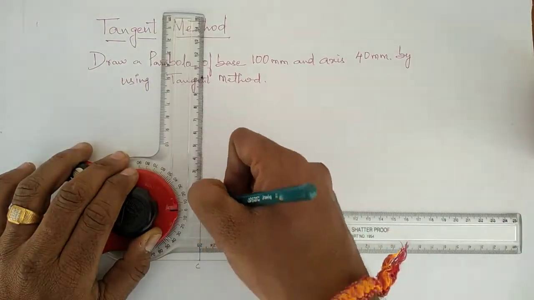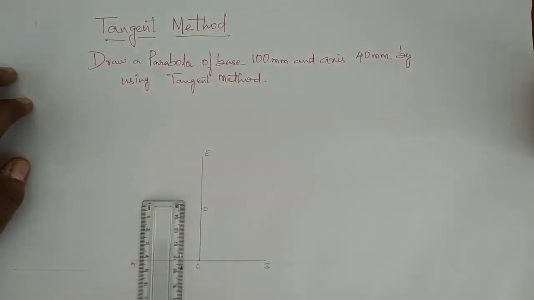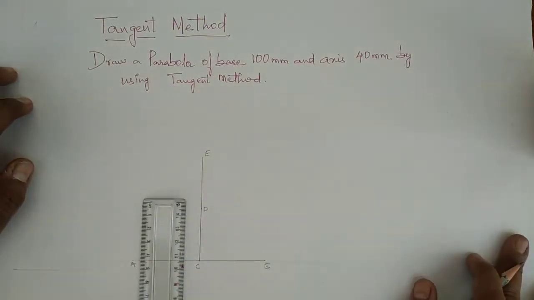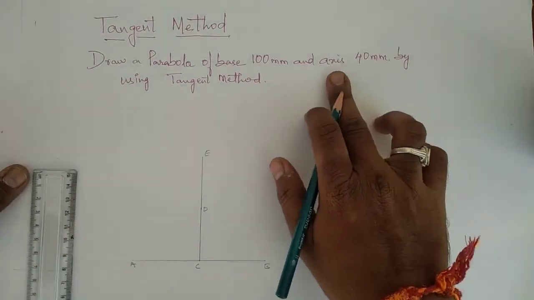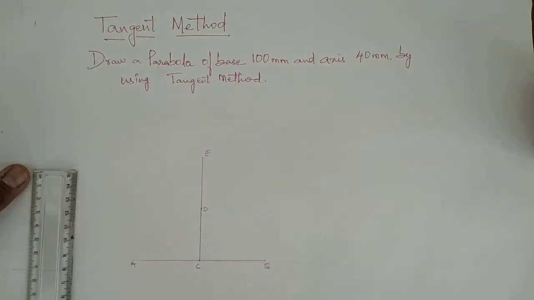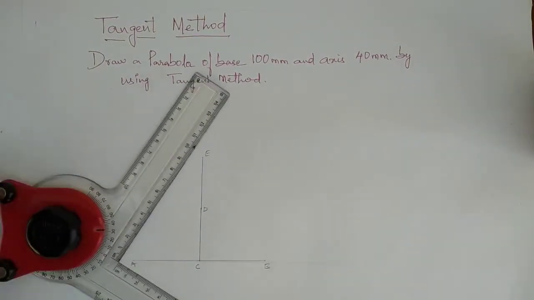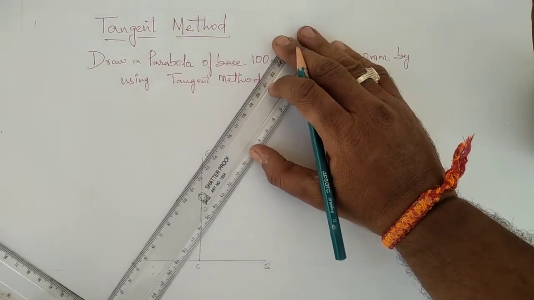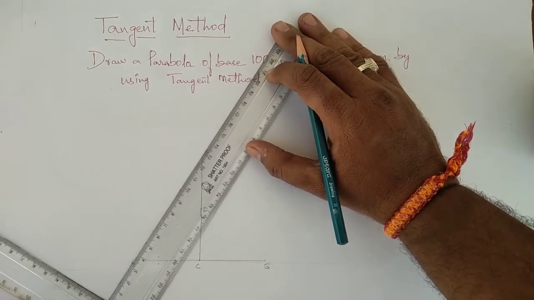Marking the end as E, such that C to E will be around 80 mm. In this method, the axis is taken as double the dimension. Now, from the point A, draw a line up to E by using the 2H pencil only.